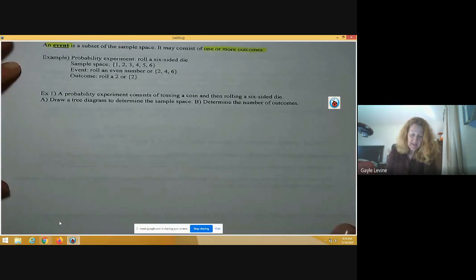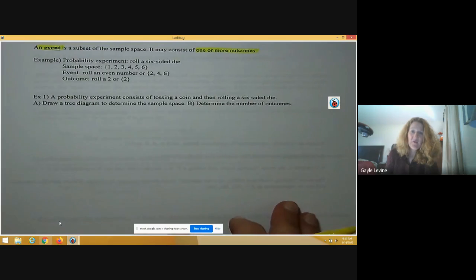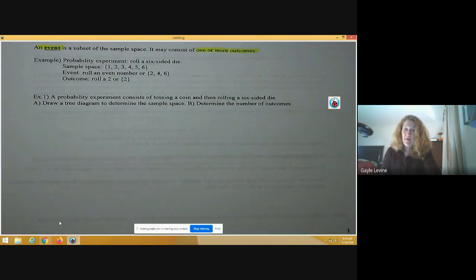All right, so for example 1, a probability experiment consists of tossing a coin and then rolling a 6-sided die. Draw a tree diagram to determine the sample space and then determine the number of outcomes. So I'm going to do this as event 1 and event 2.